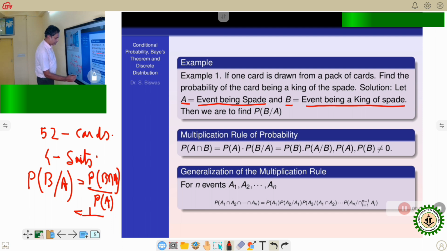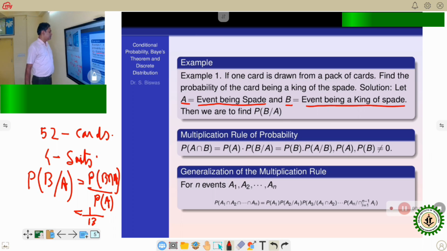And probability of A, what is the event A? A is the event that the card drawn is a spade. Now, there are how many cards? There are 52 cards, out of which 13 are spades. So, probability of A, I am directly writing this as 13 by 52. So, your probability of B by A, that is the probability of a king from a spade, becomes 1 by 13.